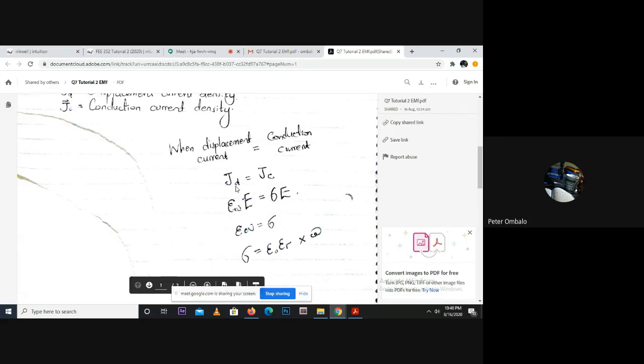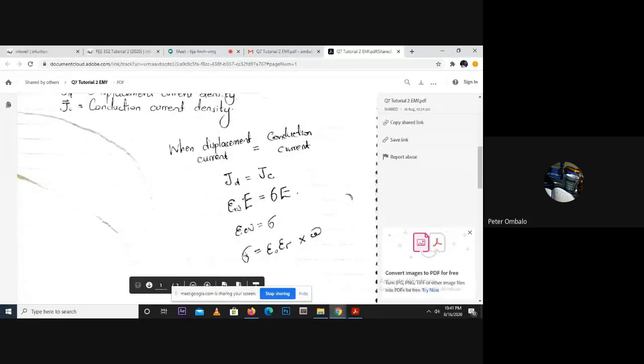You can see that when they are equal, like in our question, we can cancel out the electric field intensities. So now you remain with the permittivity times the angular frequency giving you the conductivity. Depending on whichever parameters you're given here, you can always get the other one.